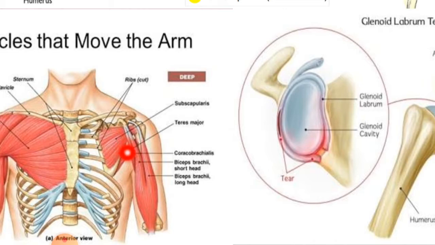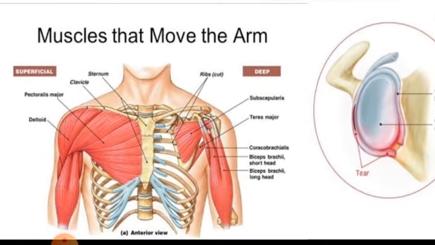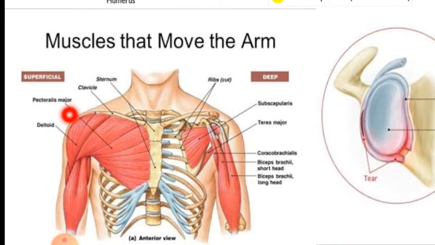That's why we call it the coracobrachialis muscle. The other muscle involved in the flexion is the pectoralis major muscle. This is a superficial muscle.